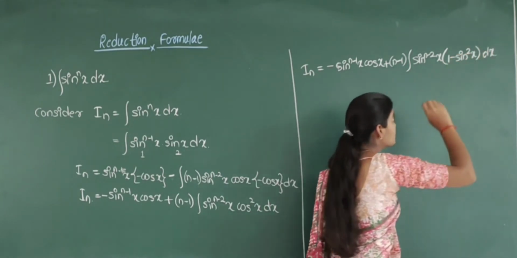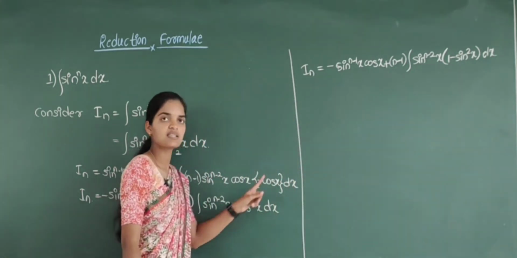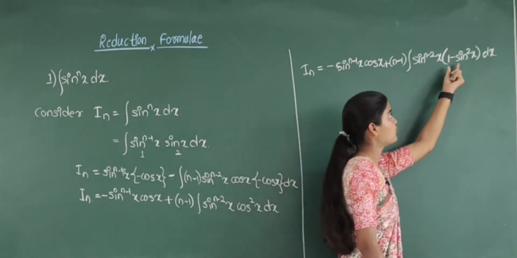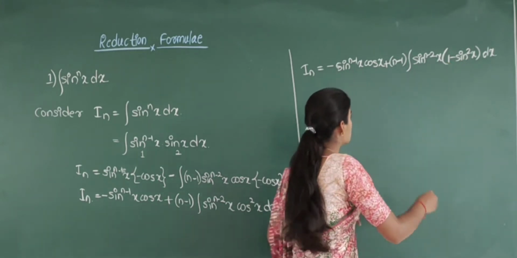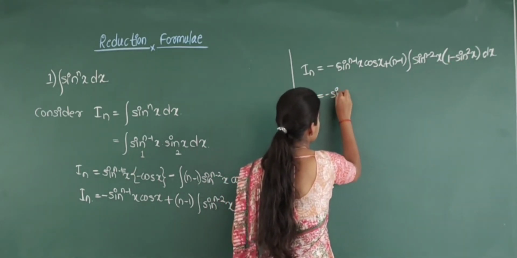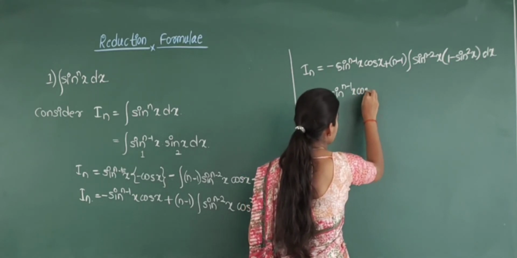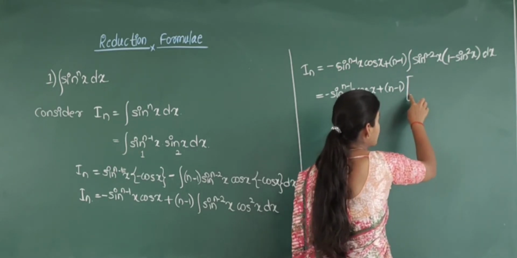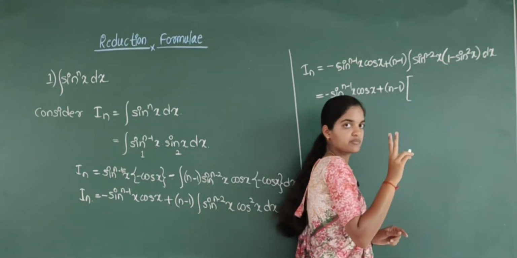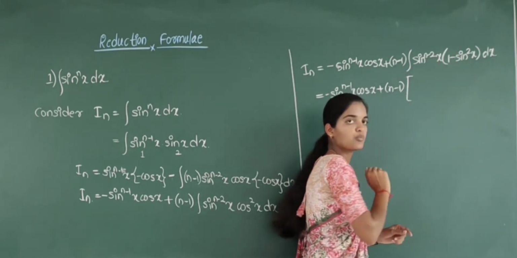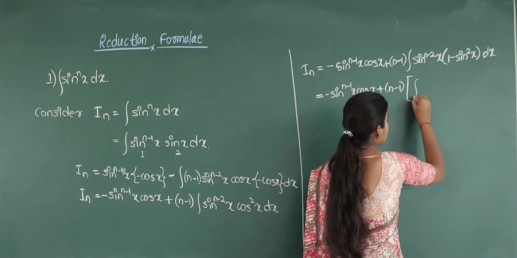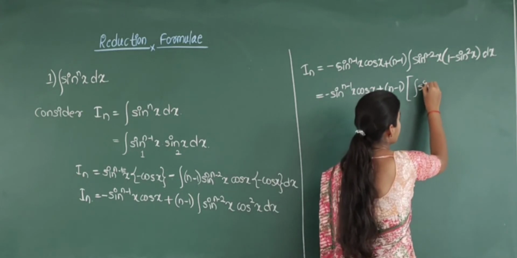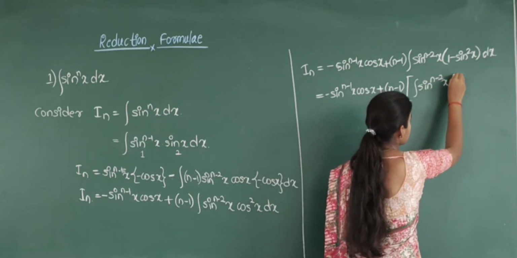We know that cos square can be written as 1 minus sine square, that I have written. And in the next step I will multiply this integration term to both of these terms. So we will get minus sine raised to n minus 1 x cos x plus n minus 1 into, here I will consider a separate bracket because of the two terms, and n minus 1 is multiplied with both terms. So the integration of sine raised to n minus 2x into 1 is the integration of sine raised to n minus 2x into dx.